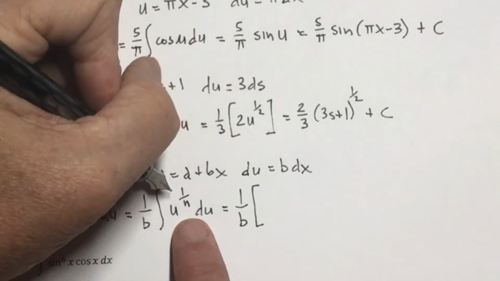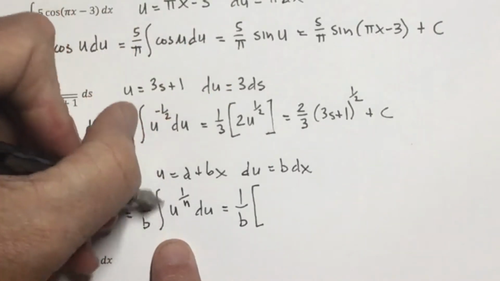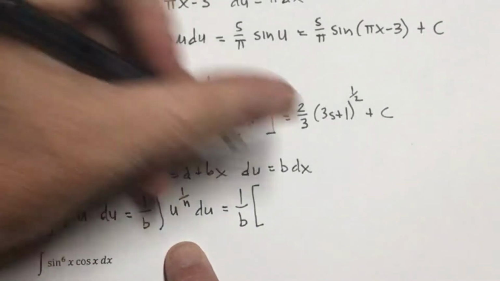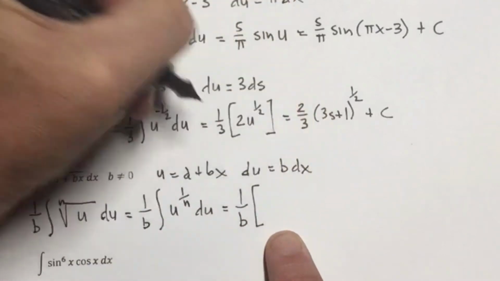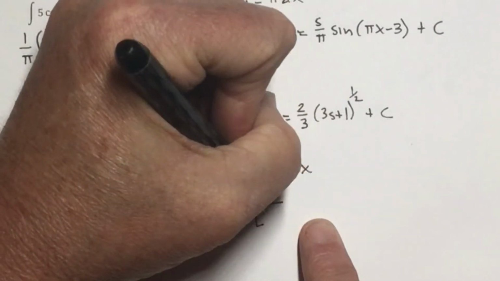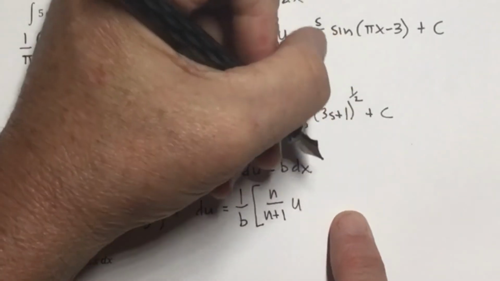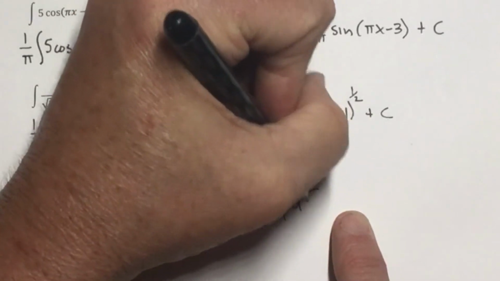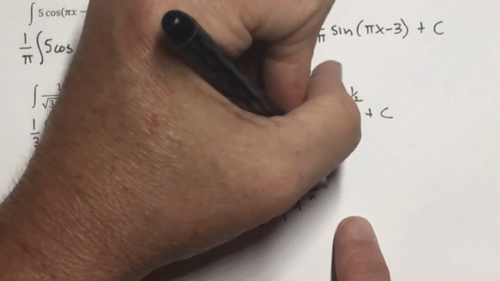But remember, I don't have n plus 1 over n in my integral, so I need to allow for that or counteract that, however you want to phrase that. So n plus 1 over n becomes n over n plus 1, and then u to the n plus 1 over n.